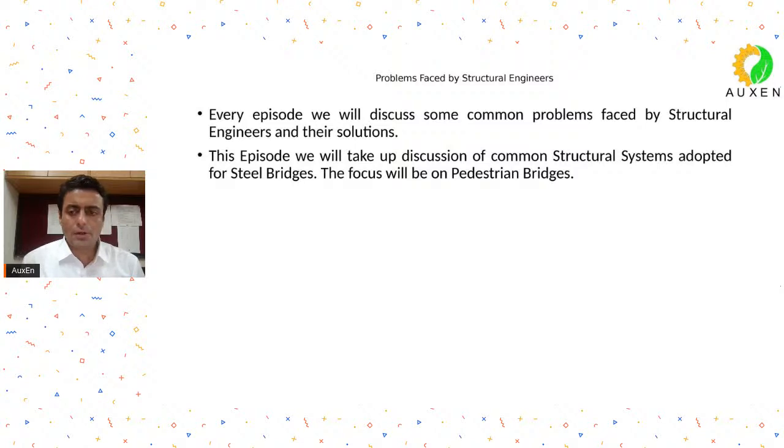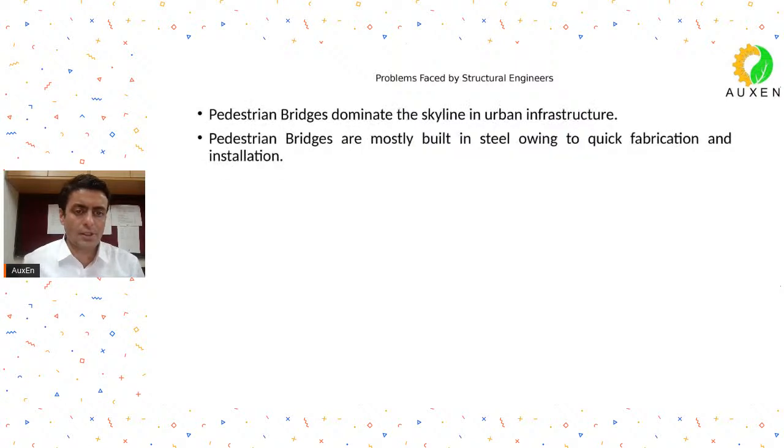This time we are going to focus on which structural system to be adopted for pedestrian bridges. Pedestrian bridges are a common structure that you quite often see in the urban landscape, and in the rural landscape also.